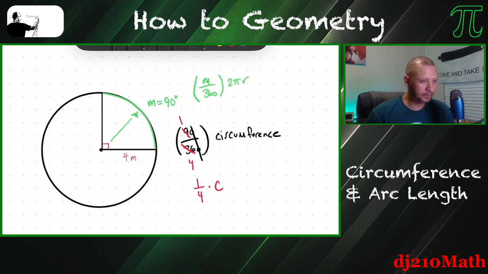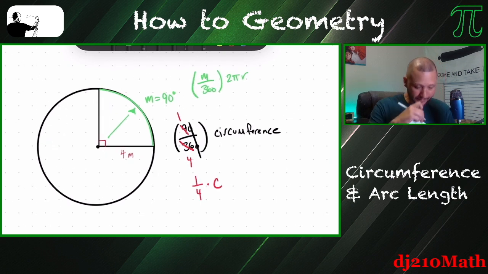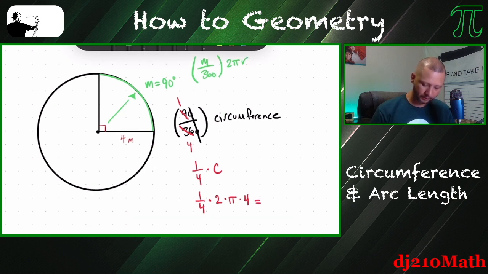So the arc is going to be 1/4 of the circumference. In this case, the circumference is going to be 2 pi r, and r is going to be 4. So 1/4 times 2 times pi times r, which is 4. This is going to be 2 times 4 is 8 over 4 times pi.